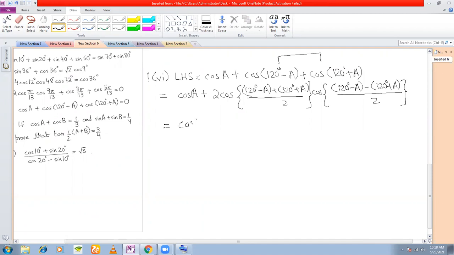So you get here cos A plus 2 cos. Here you open the brackets, plus A and minus A will cancel. So you get 240 by 2, which is 120. And here what will happen? 120, 120 will cancel. You will get a minus 2A. Cos minus 2A by 2. That means cos of minus A. Right? Minus will get absorbed. You simply get a cos A.